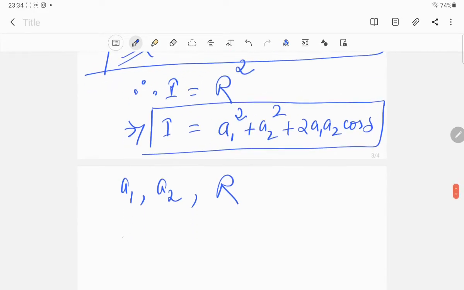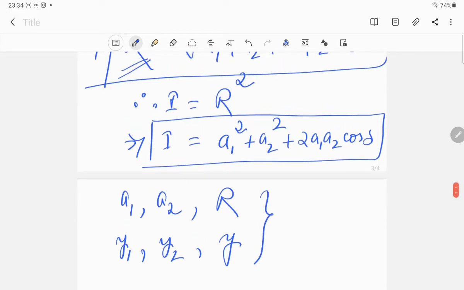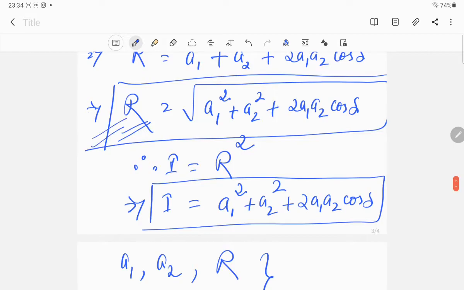Similarly, Y1 is the individual displacement of the first wave, Y2 is the individual displacement of the second wave, and Y is the resultant displacement of the final wave.